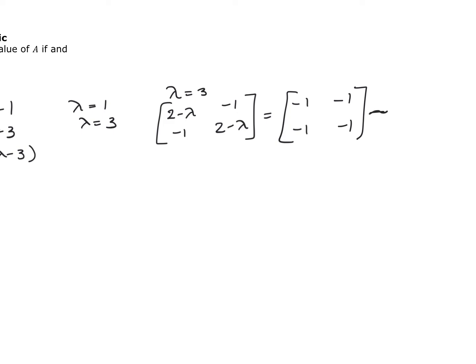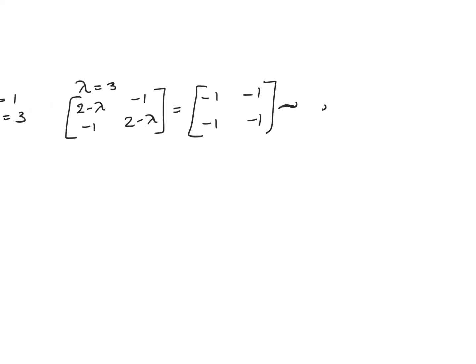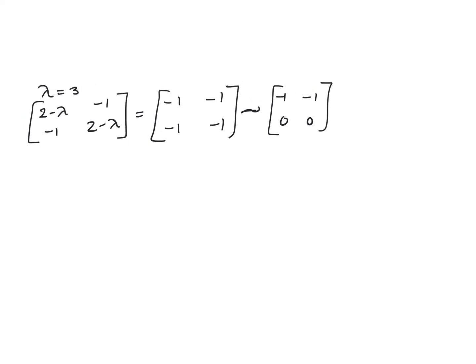Now, this is going to be row equivalent. If I do the row reduction to echelon form, subtracting these two rows, I'd get negative 1, negative 1, 0, and 0 in those positions.